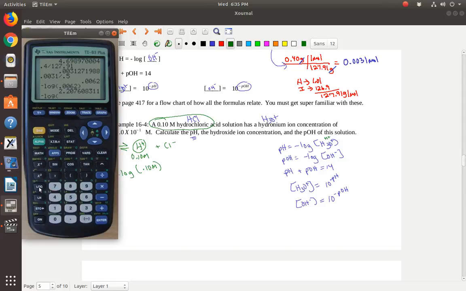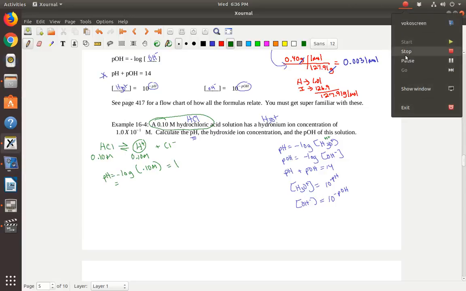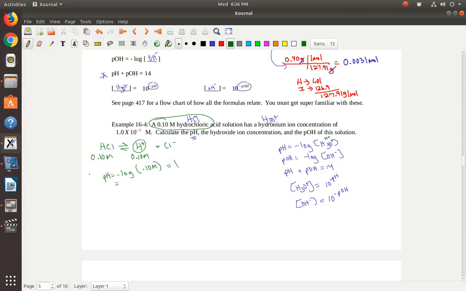Negative log of 0.10 moles is just the number 1. pH is 1. Okay, so calculating pH, done.